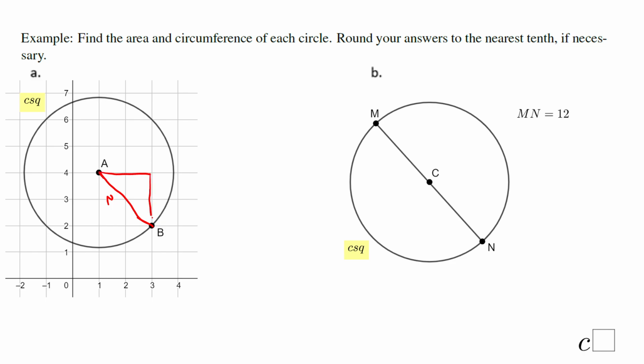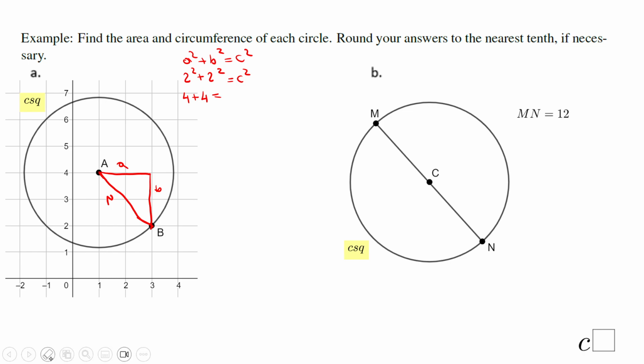In your mind you're going to say, hey, this guy is going to use the Pythagorean theorem, and that's exactly what I'm going to do. a squared plus b squared equals c squared. In this case, a and b, both of them are 2. 2 squared plus 2 squared equals c squared. And then we have 4 plus 4 equals c squared, which is the radius. Let me replace it with r here.